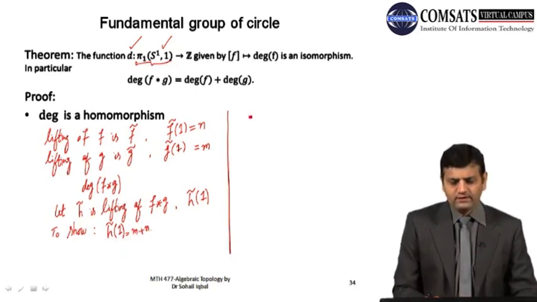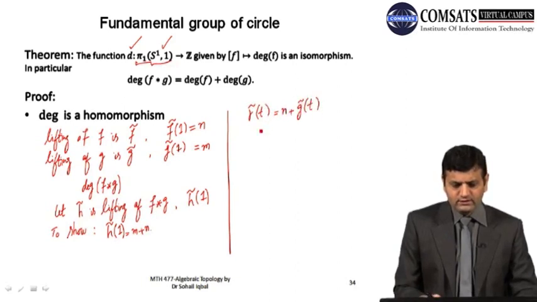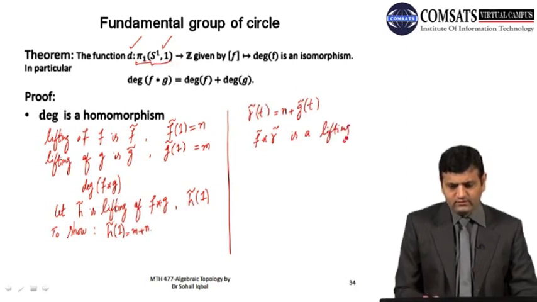Now we can define our function gamma equal to n plus g tilde of t. Now we claim that f tilde star gamma tilde is a lifting of f star g.